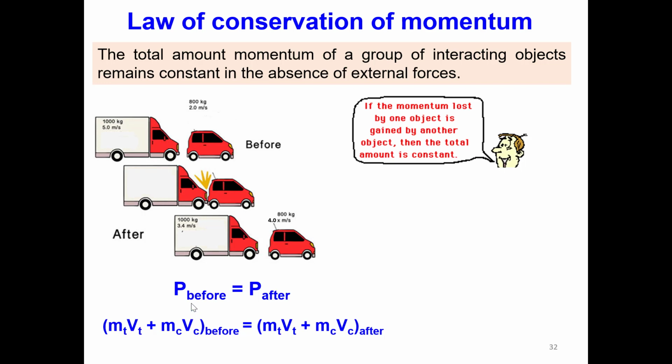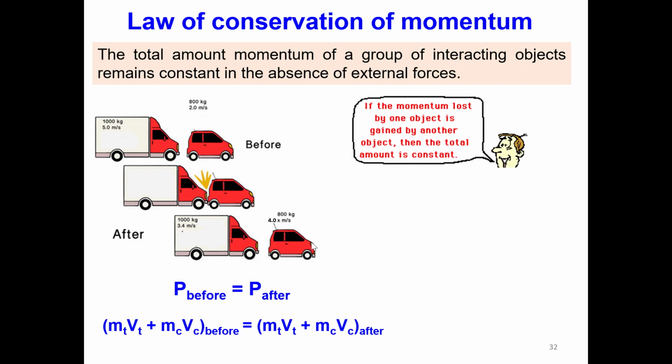We need to calculate the total momentum, meaning the momentum for all the objects involved during the collision. In this case, the momentum for the truck will be the mass of the truck multiplied by the velocity of the truck. The momentum for the car will be the mass of the car multiplied by the velocity of the car just before.